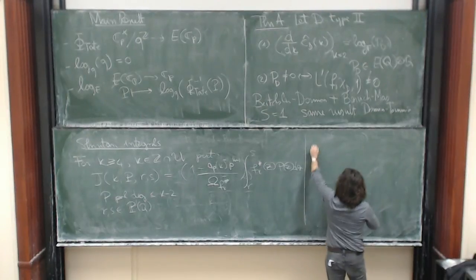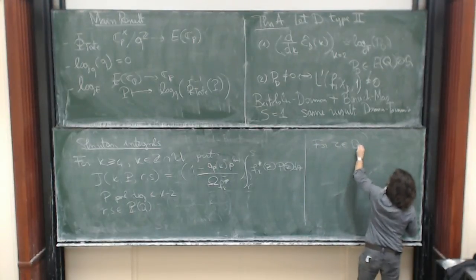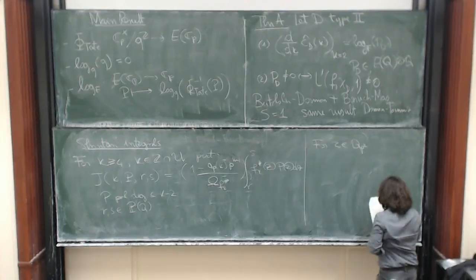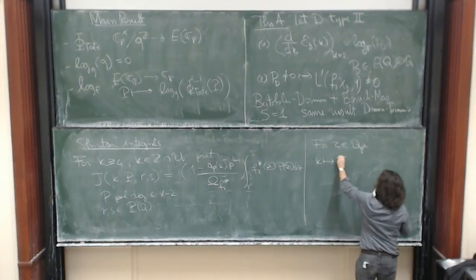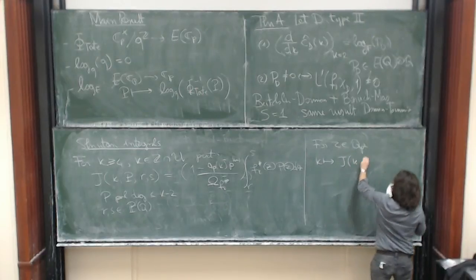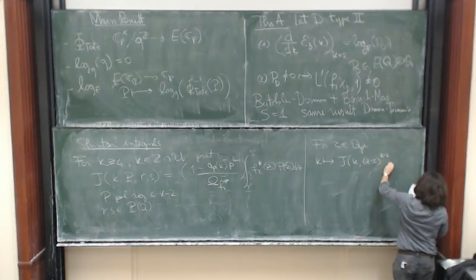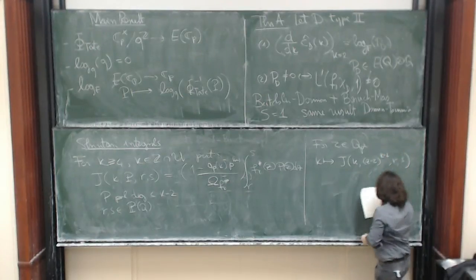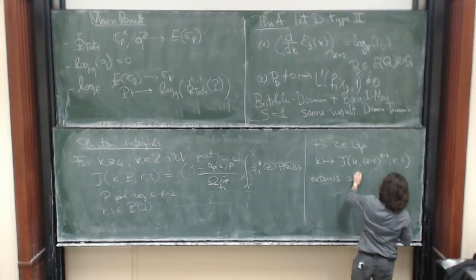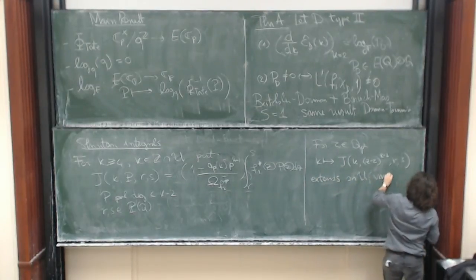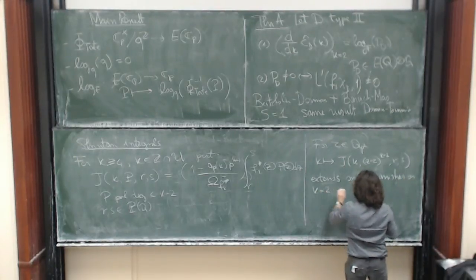If we fix tau, a point in the quadratic unramified extension of Q_p, which I denote Q_p squared, then the function k into J_k of (z minus tau) to the k minus 2, R, S extends to a p-adic analytic function on U and vanishes at k equal to 2.